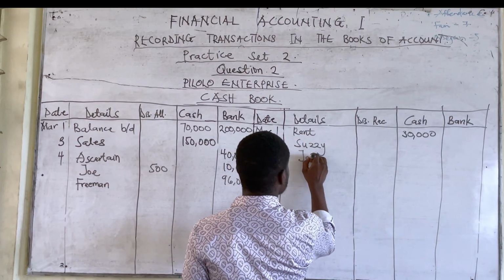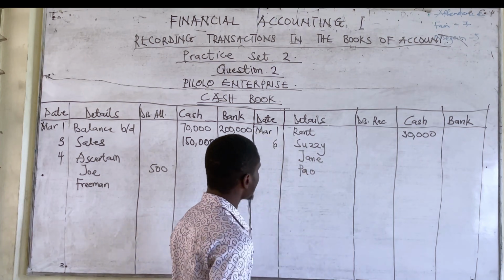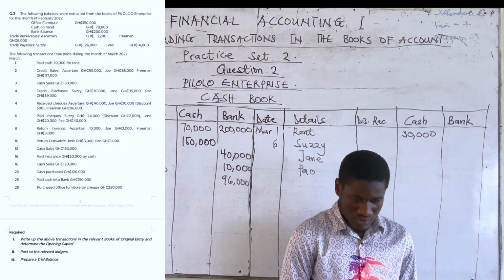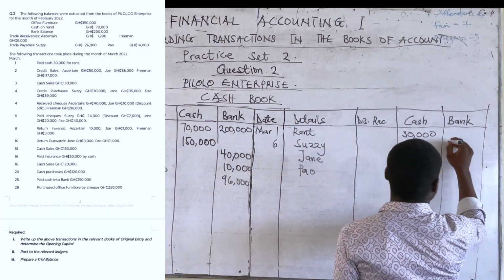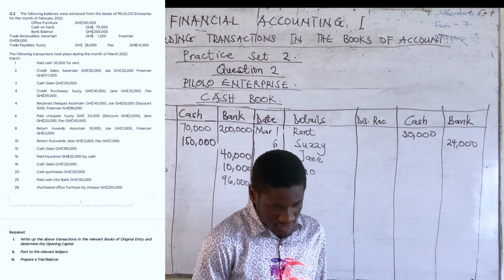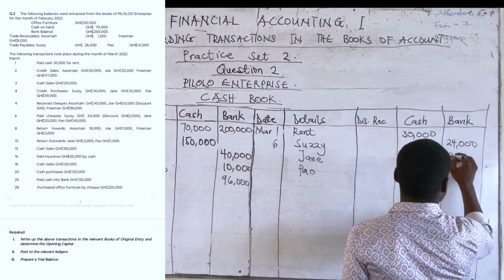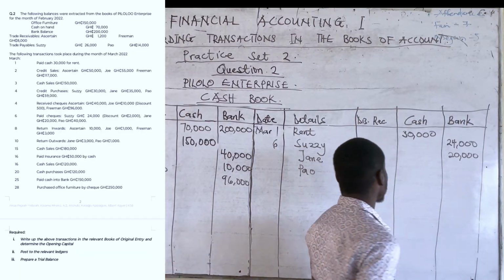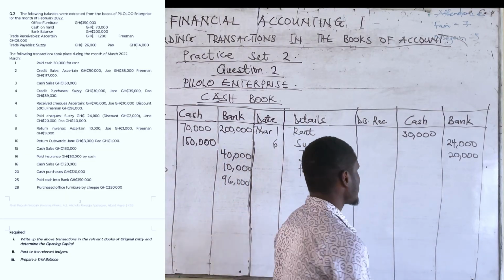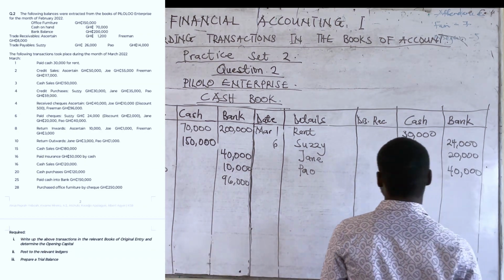We have Susie, Jane, and Paul. Susie, we paid a check of 24,000. Then for Jane, we paid 20,000. And we also paid 40,000 to Paul.